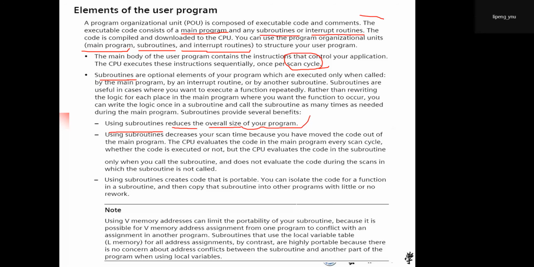The CPU evaluates the code in the main program every scan cycle, whether the code is executed or not, but the CPU evaluates the code in a subroutine only when you call the subroutine. It does not evaluate the code during scans in which the subroutine is not called.